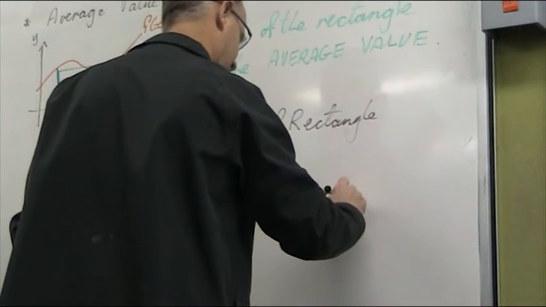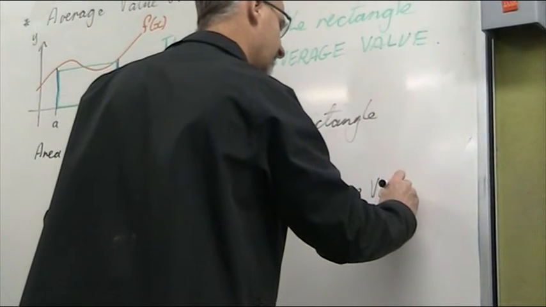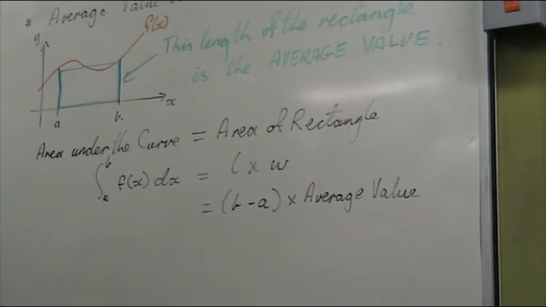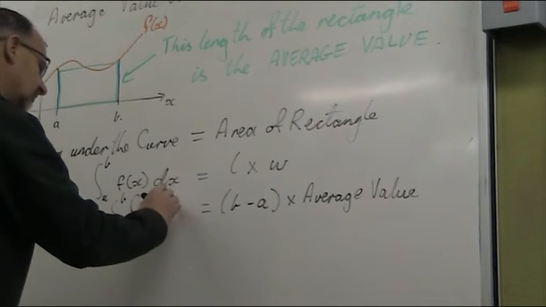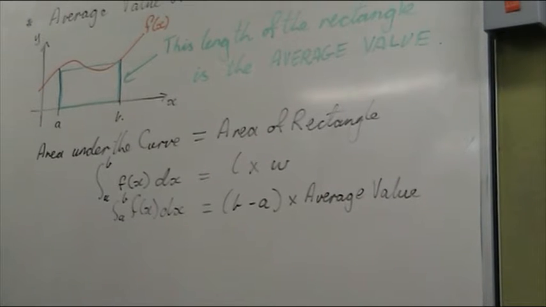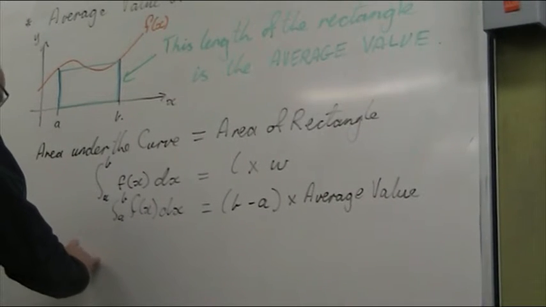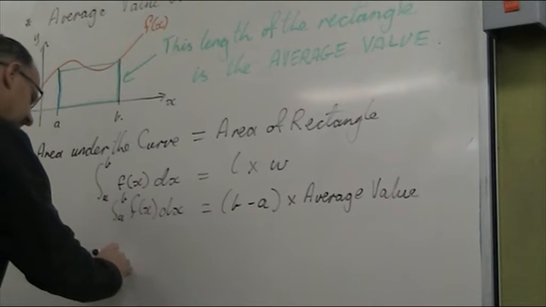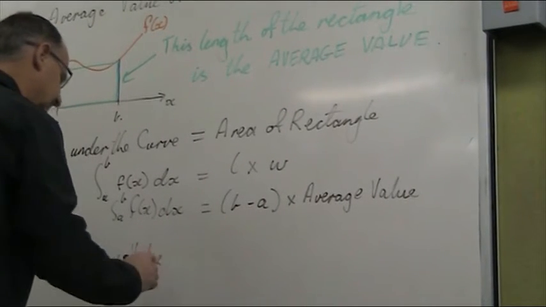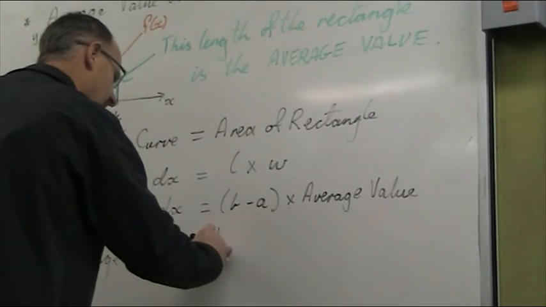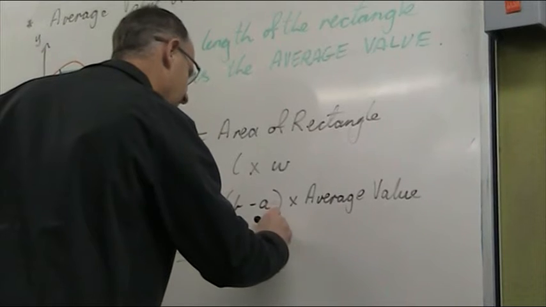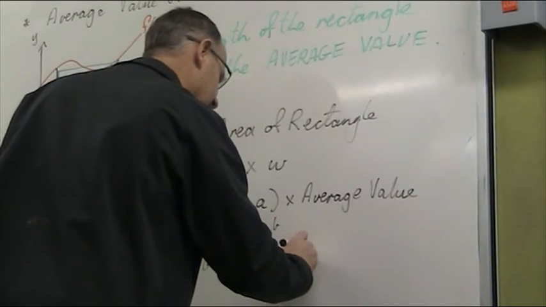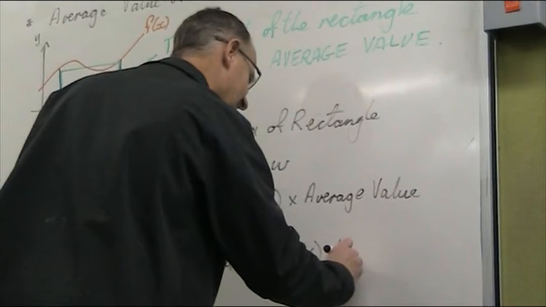So just rearrange the equation. Very good. We just rearranged the equation, so that's still the integral from a to b of f(x) dx. When we rearrange that equation, we find that the average value is equal to 1 over b minus a times the integral from a to b of f(x) dx.